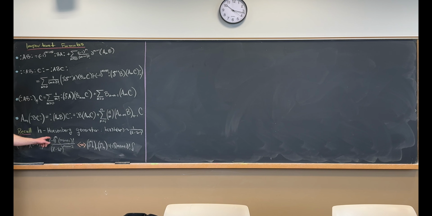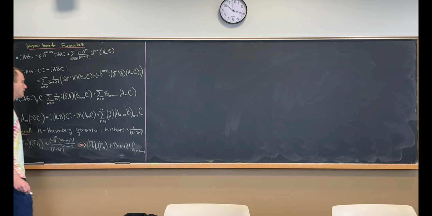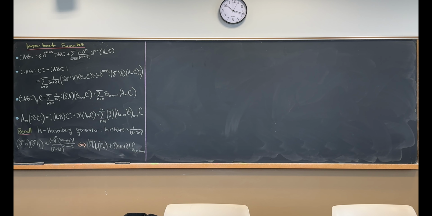The product is 0 almost all of the time. It's only non-zero at the product that is associated to this pole. So which numbered product is associated to this pole? M plus n plus 1. So we can encode that like this: this product is 0 unless r is equal to m plus n plus 1. It's super handy for this, right?